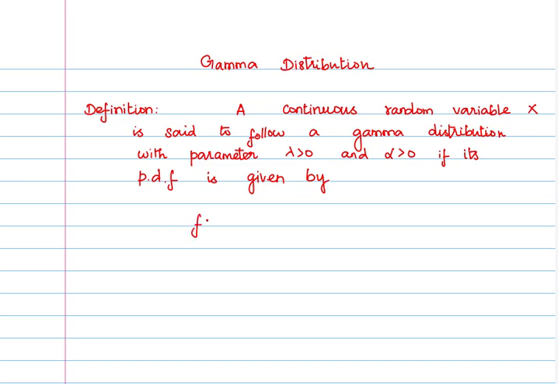f of x equal to lambda times exponential of minus lambda x times lambda x power alpha minus 1 divided by gamma of alpha.